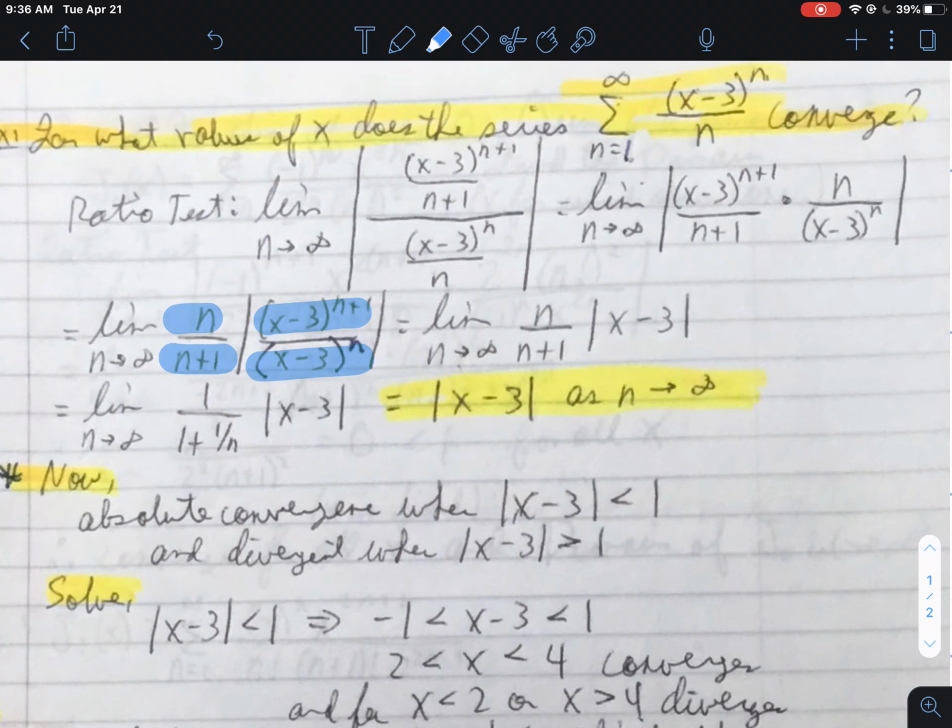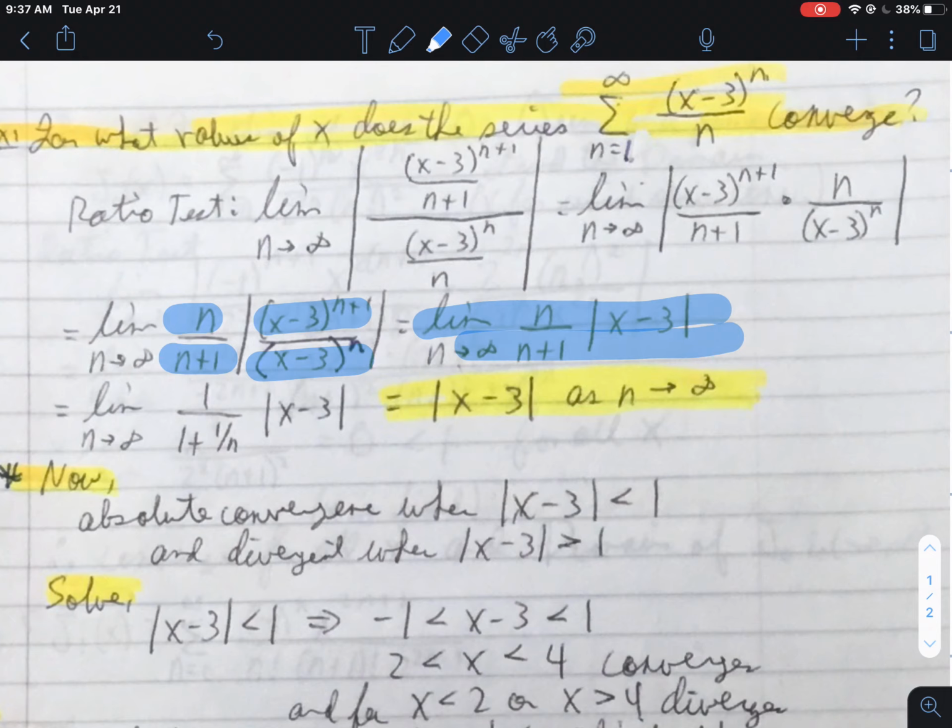Now again, the absolute value is still there around the part containing the x. I've got the limit as n approaches infinity of n over n plus 1 times the absolute value of x minus 3. Now, a difference, again, in properties of absolute value: we said the absolute value of a product is equal to the product of the absolute values. So if I had the absolute value of 3 times x, that would be equivalent to the absolute value of 3 times the absolute value of x.